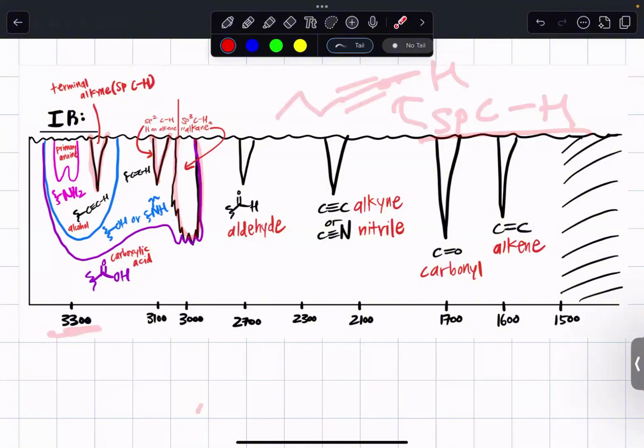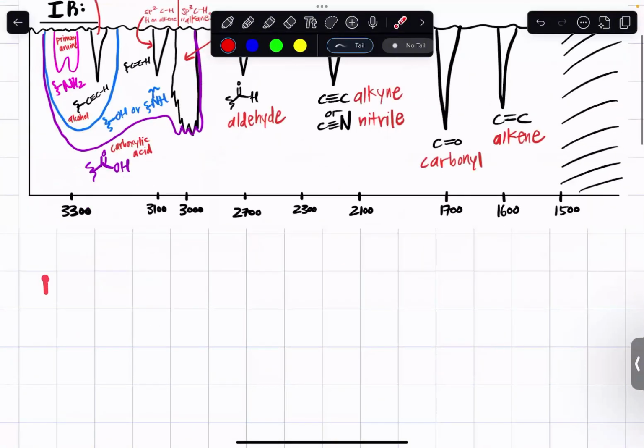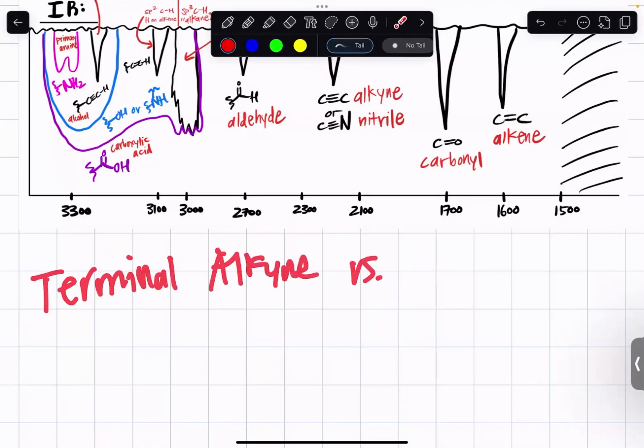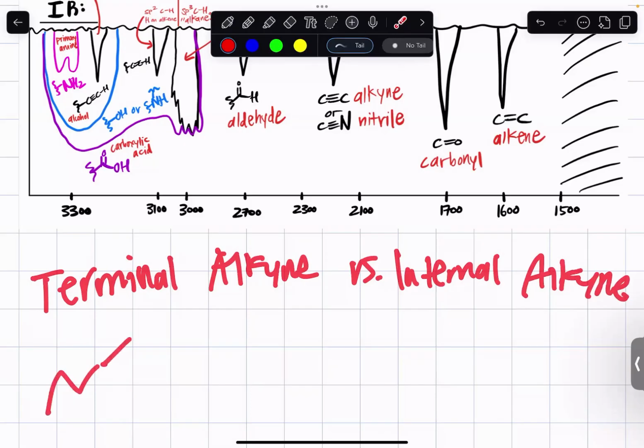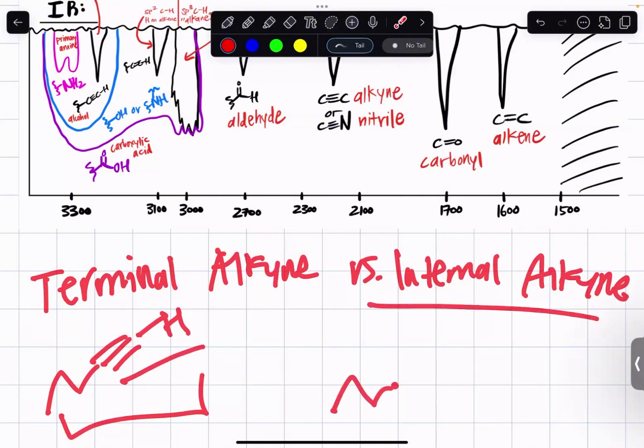So make sure you know the differences between a terminal alkyne versus an internal alkyne. Terminal would mean the end of the molecule. So a terminal alkyne would have the alkyne at the end of the molecule like that, whereas the internal alkyne would be inside of the molecule like that.